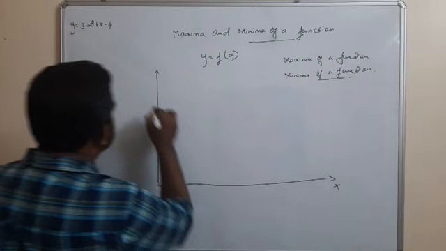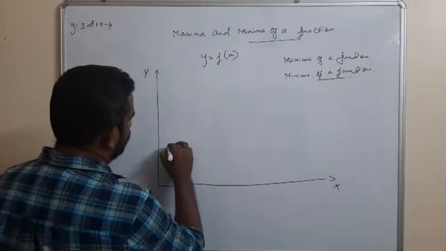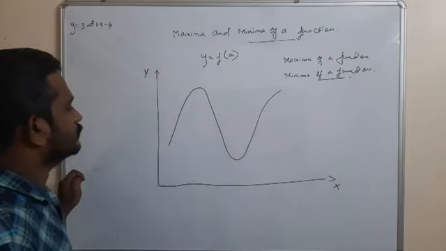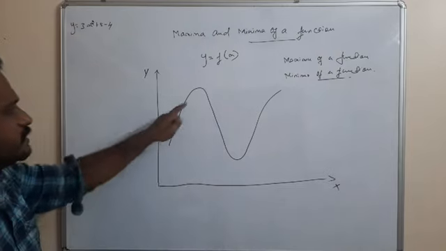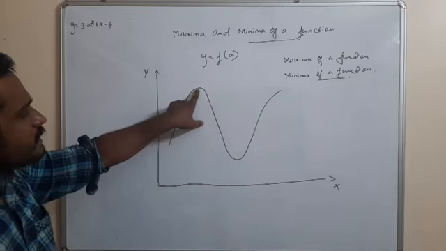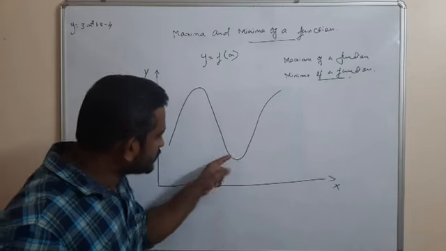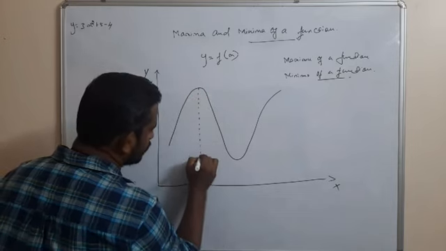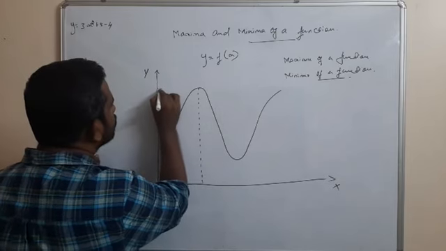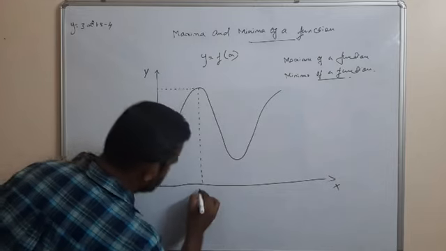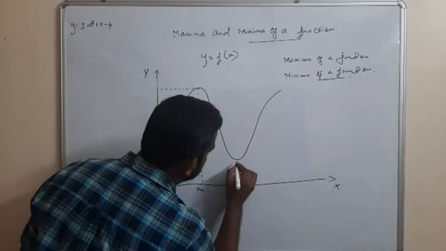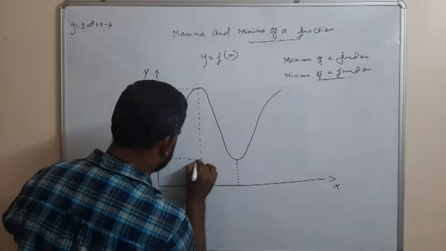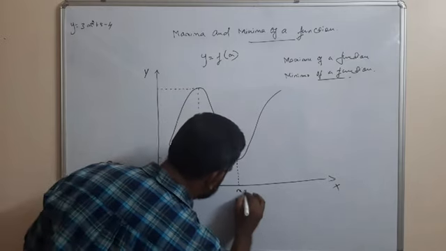This is x, this is y. So from this graph we can understand, the y value reaches the maximum at this point, and the y value reaches the minimum at this point. So this is x1, and this is x2.